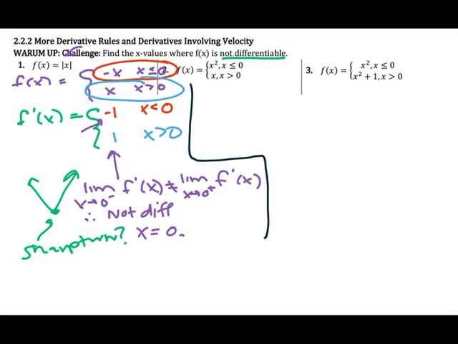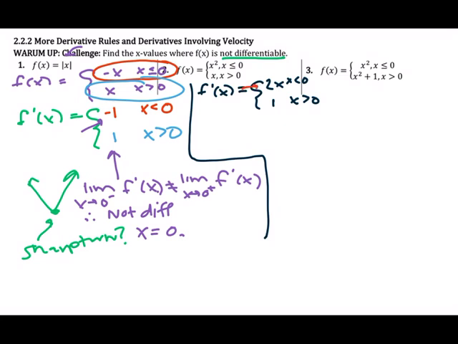Let's try and create some room here. All right, the derivative here, f prime of x, would be 2x if x is less than 0. And again, I'm waiting on whether or not I can write that or equal to. And it's 1 if x is greater than 0. So what I need to look at here are the left and the right-sided limits.